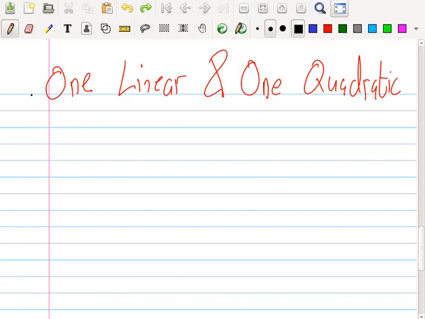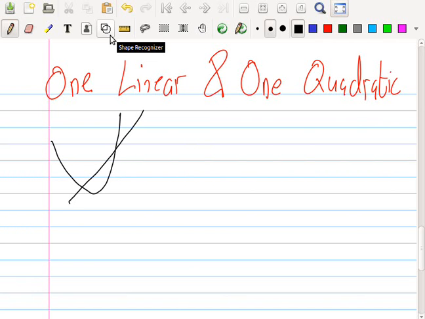Substitution, yes. Elimination, yes. Gaussian elimination. And finally, the last method we did, matrix. What we're going to look at now is how we solve this type of problem, where we have one linear and one quadratic.